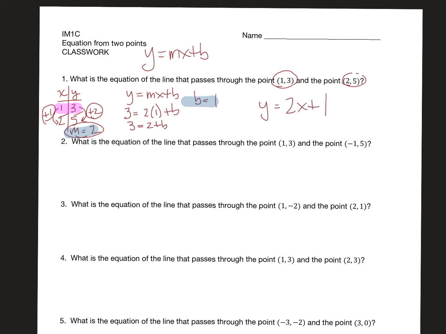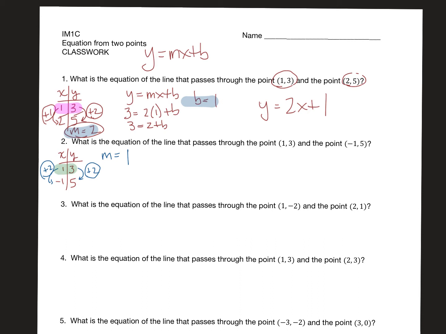Okay, so you're going to do all of these the exact same way. You're going to set up just a little table with your 2 ordered pairs. I have 1, 3 this time and -1, 5. You're going to figure out the change of y, which in this case is plus 2, and the change of x, this is also plus 2. So since m is the change of y over the change of x, this one is just a 1. Then you're going to pick one of the ordered pairs. It does not matter which one.